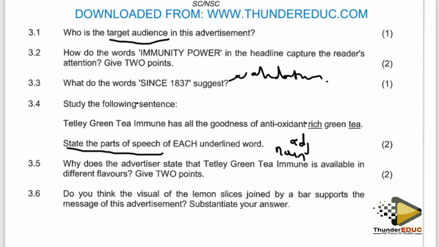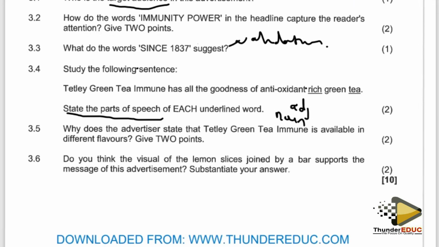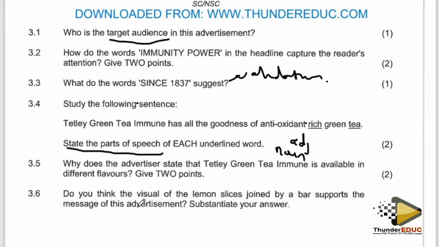Right. Let's go to the next one. Why does the advertiser state that Tetley green tea immune is available in different flavors? Give 2 points. That is to create a desire. This is our AIDA principle.